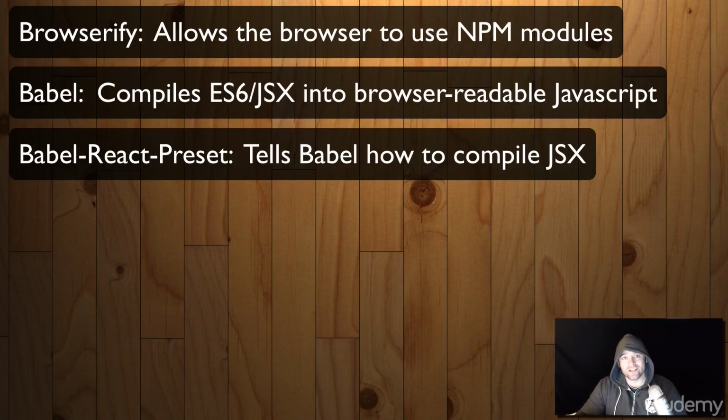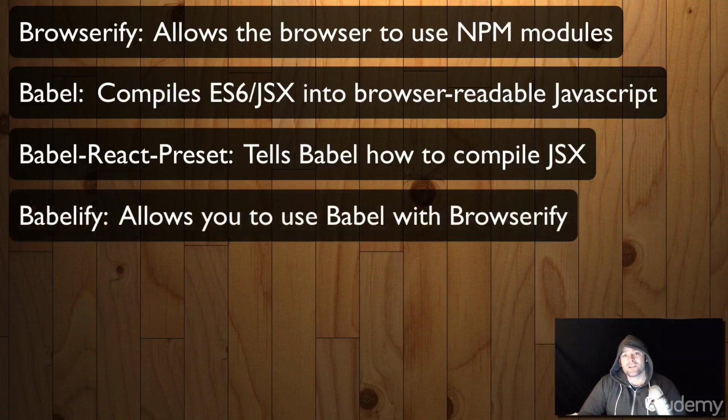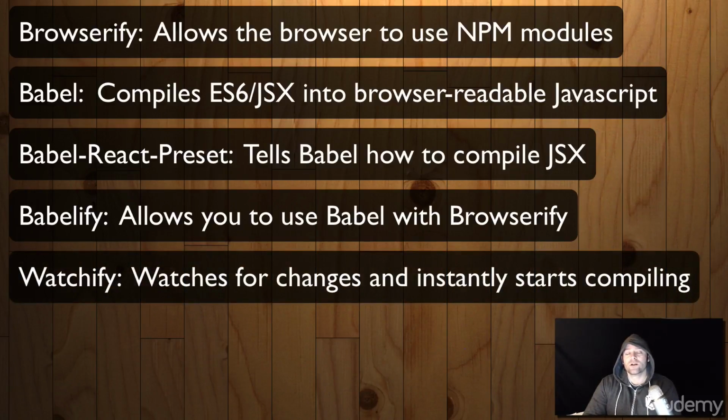And then it's going to turn it into readable JavaScript. And then Babelify allows us to take that Babel compiled code and put it into readable modules for Browserify. And then Watchify is what takes the code changes that we make and listens for those changes and instantly compiles, so we don't have to manually go through the process. And then, of course, React and React-DOM are the React packages we're going to be using.